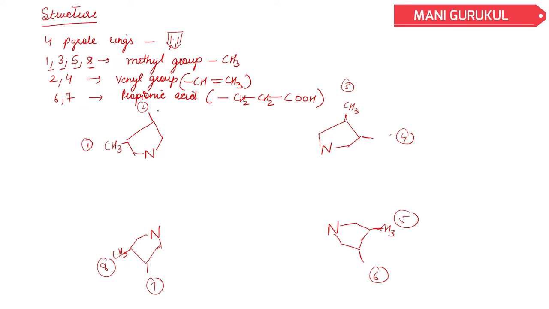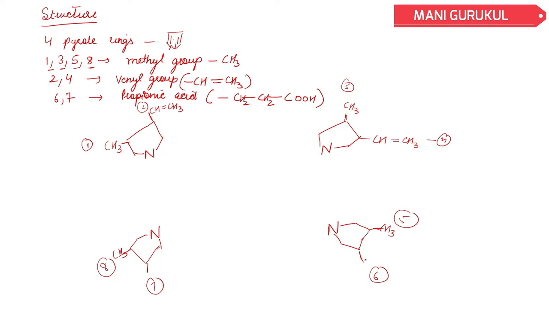Now 2 and 4 are vinyl groups, so we will write CH double bond CH2. On the fourth position also we will write CH double bond CH2. This is the fourth position. Okay, now on the 6th and 7th, what will we write? We will add propionic acid.